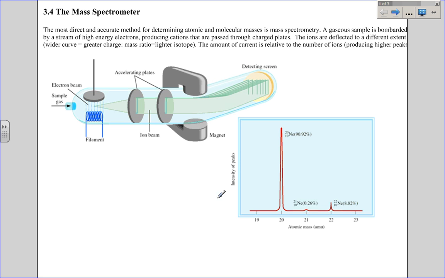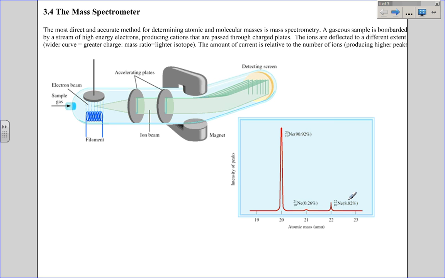In this mass spectrum that you see here, it's the mass spectrum of neon. And what you can see here is that there are 3 different peaks, each representative of the different isotopes of neon. Neon 20 with an isotopic abundance of 90.92, neon 21 with an isotopic abundance of 0.26, and neon 22 with an isotopic abundance of 8.82.